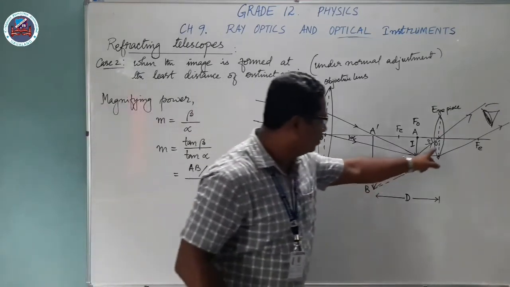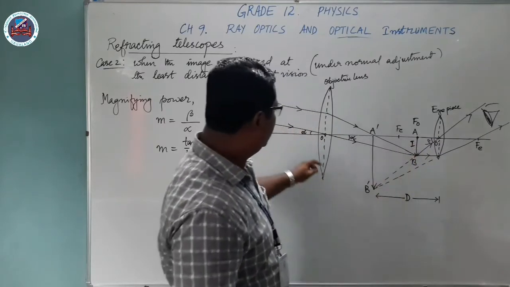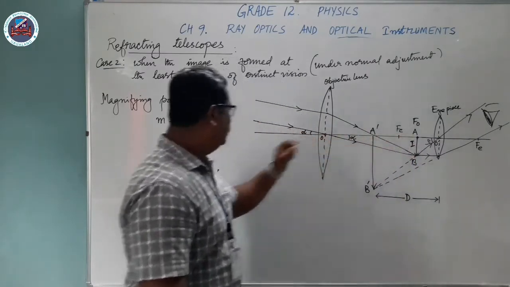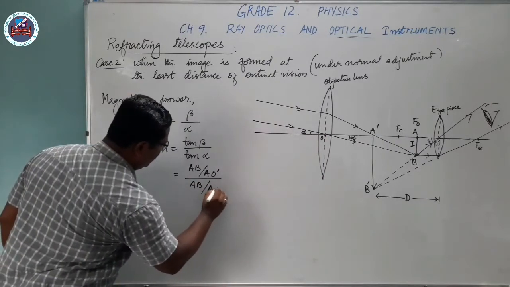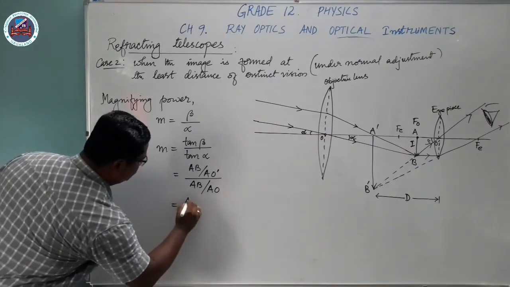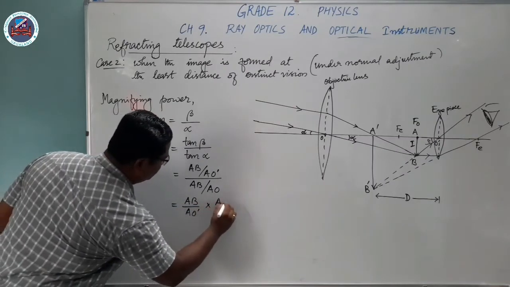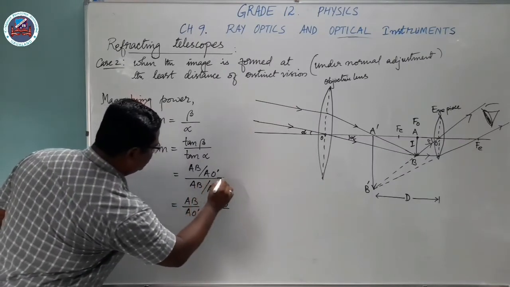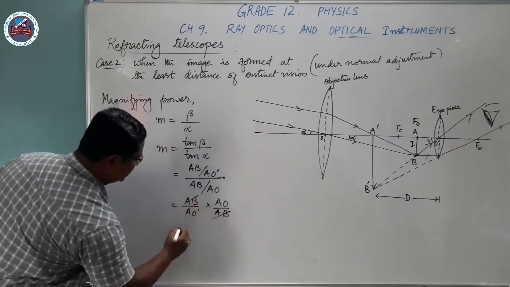This is AB divided by AO. If you write this properly, converting division to multiplication, the line becomes upside down. The AB you can cancel out.